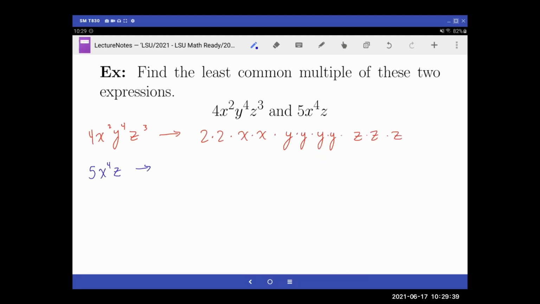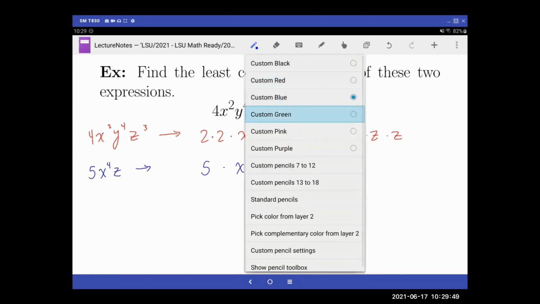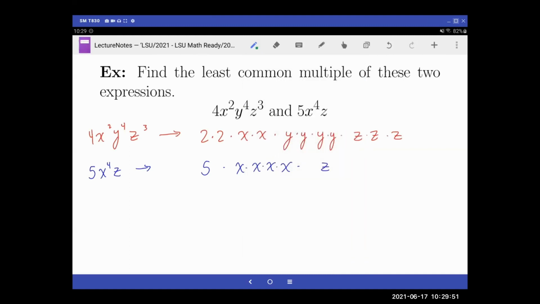Okay, for the second term, we have 5, we have 4 x's, and we have a z. So to find the common multiple, I need to look at each grouping and make sure I have everything covered from both of them. So for the first grouping, there's 2 2's and a 5.